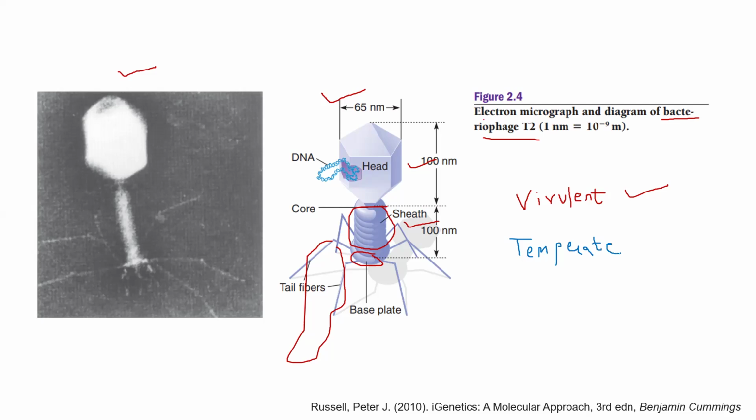So it is a choice between a lytic and a lysogenic cycle. The lytic cycle, as we said, is a cycle where cell lysis takes place and they kill the host cell. Lysogeny is a life cycle where the genome of the bacteriophage integrates into the host genome and replicates along with it. Let's see the life cycle of a virulent bacteriophage and a temperate bacteriophage.